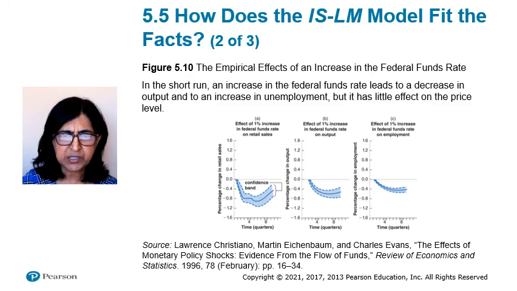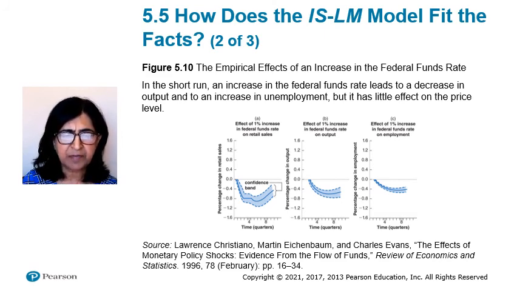The largest decrease, negative 0.7%, is reached after 8 quarters. In other words, monetary policy works but with long lags. It takes nearly 2 years for monetary policy to have its full effect on output.